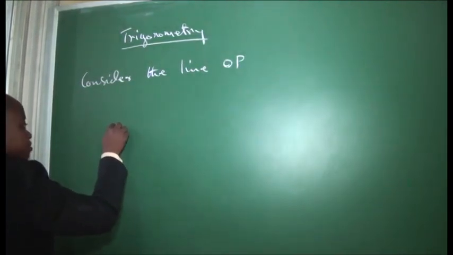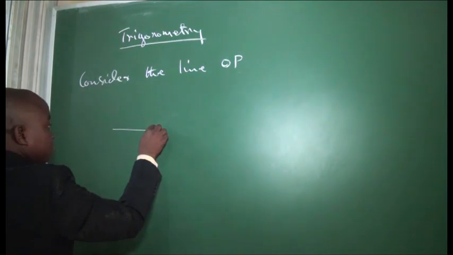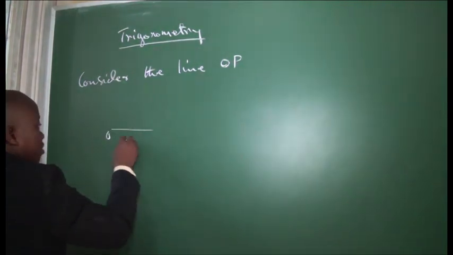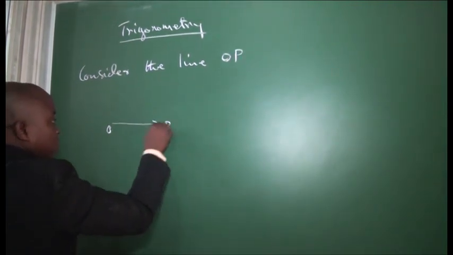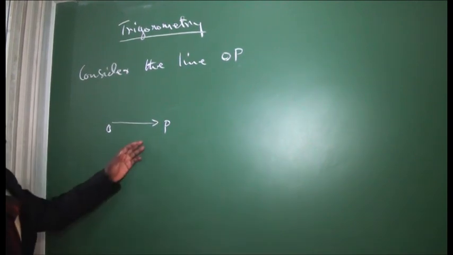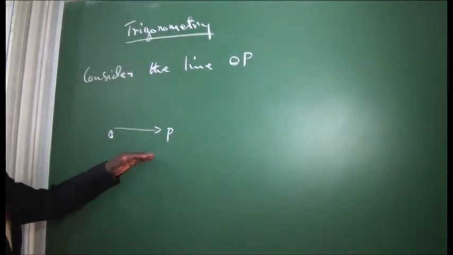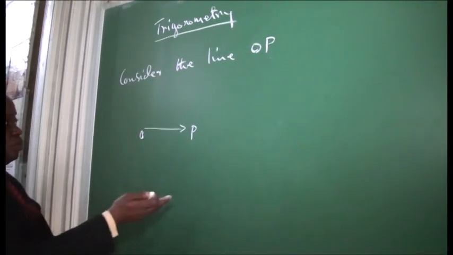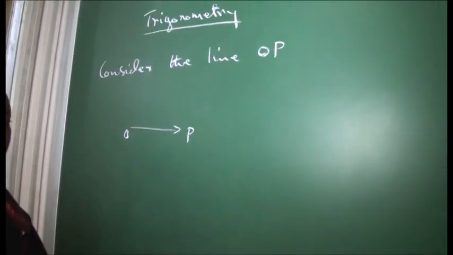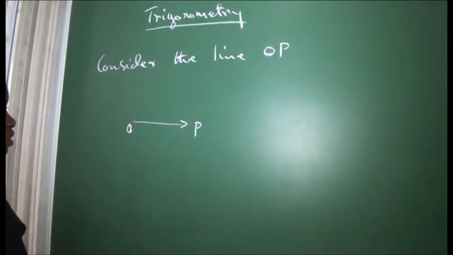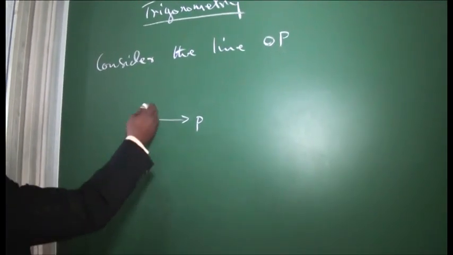That is this line. Consider the line OP. Now, suppose this line rotates to another point, say point OP prime.